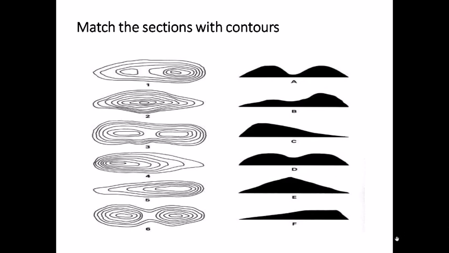Similarly, let's talk about F. If you see this section, it has a relatively milder slope on this side, and at the top it becomes flat. So if it is flatter at the top, that means the contour line would be very far spaced over here, and the spacing between the contours would be smaller than whatever the spacing is over here. So over here you will have basically a blank picture with one contour along the perimeter.